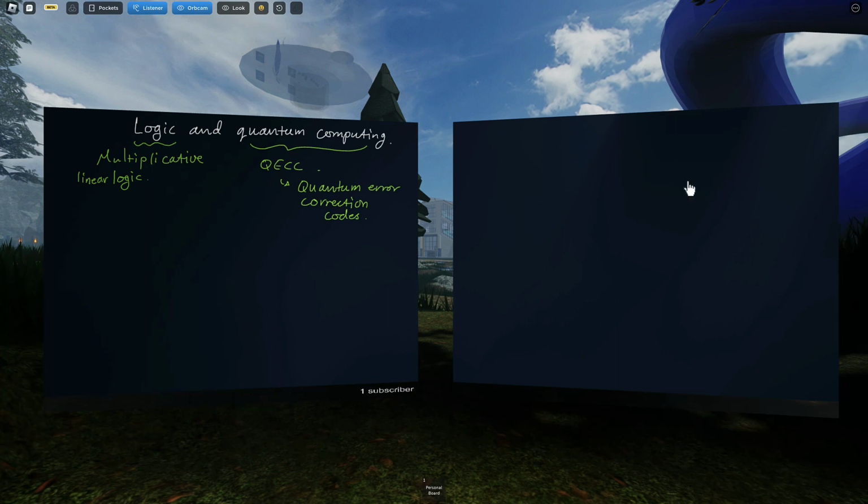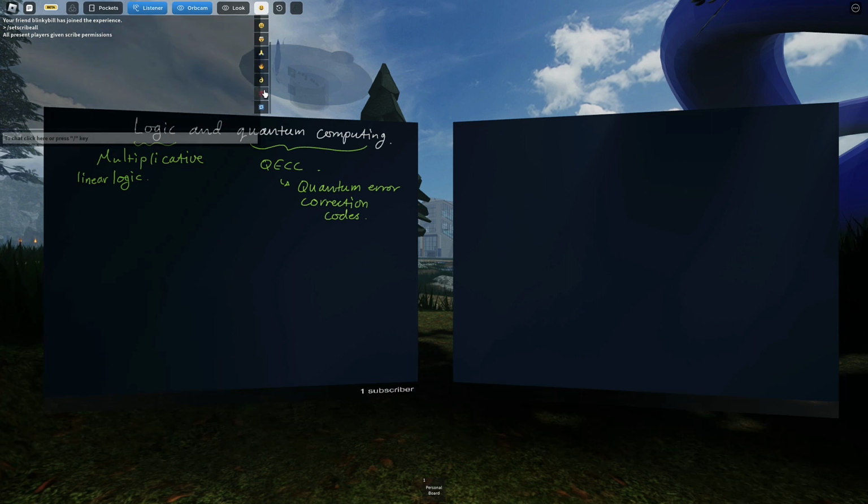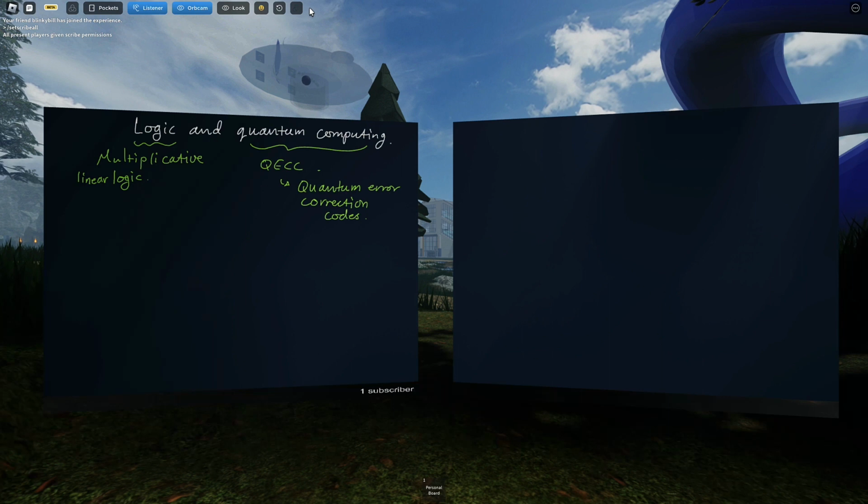These are both systems that have some kind of dynamics associated to them, and I'm going to be relating these two dynamics together. So I'm going to give you two pieces of maths, and then I'm going to relate them. On the one hand, we have QECCs, and the dynamics is the process of error correction.